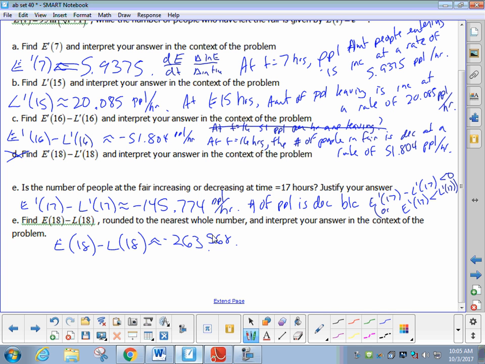This isn't so much at an instant as a cumulative effect. What do E and L represent? How many people have entered and left up to that point? Okay, so up to time equals 18, or if you like, from time equals 0 to time equals 18 hours.